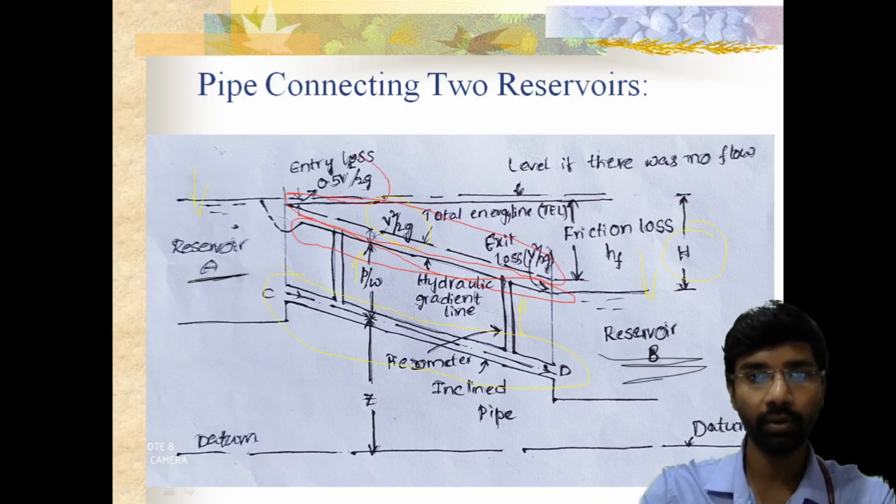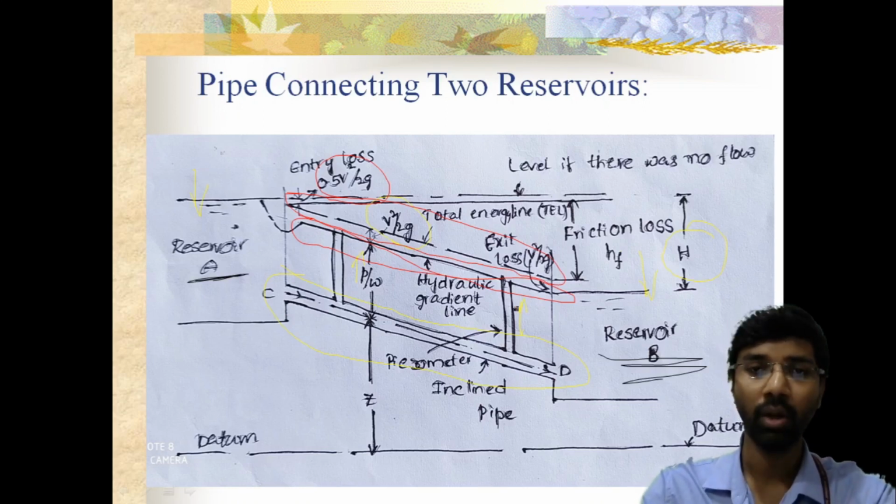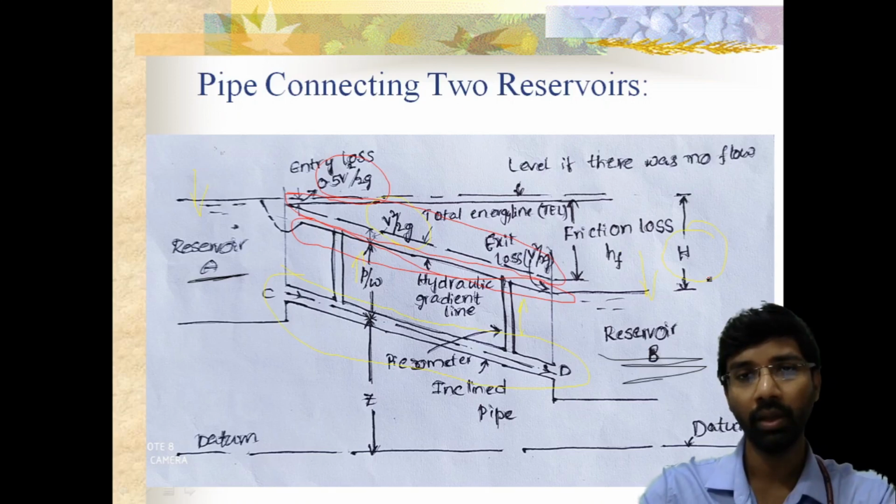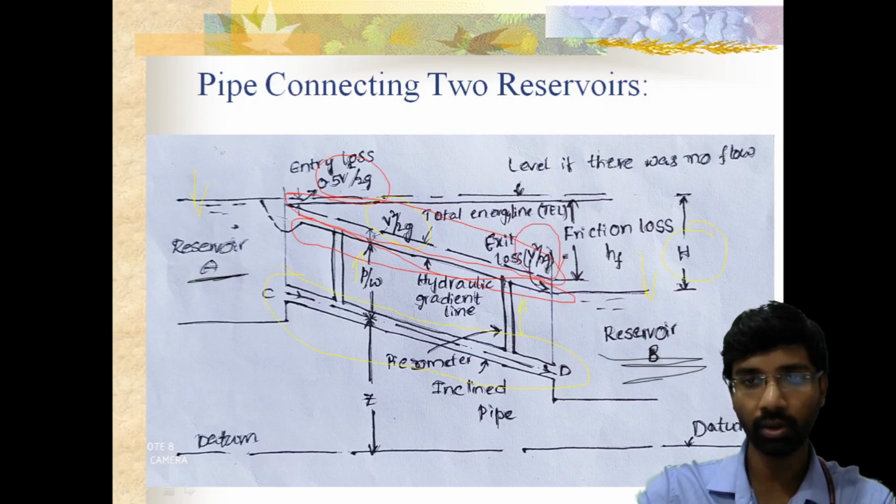It is 0.5 v square by 2g, and after traveling a certain distance, the pipe will have friction. Because of that friction you'll have frictional losses, that is hf is equal to f l v square by 2 g d. And this is the exit loss, v square by 2g. By connecting all the levels, you can draw the hydraulic gradient and total energy lines.